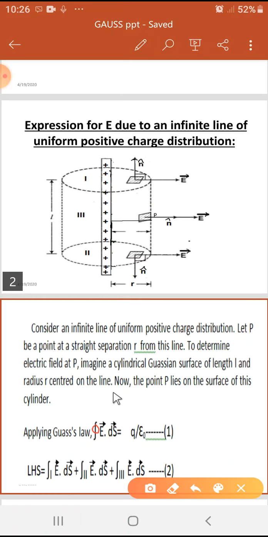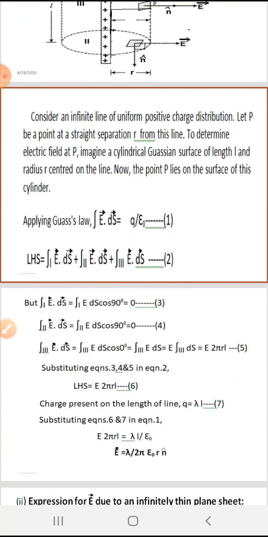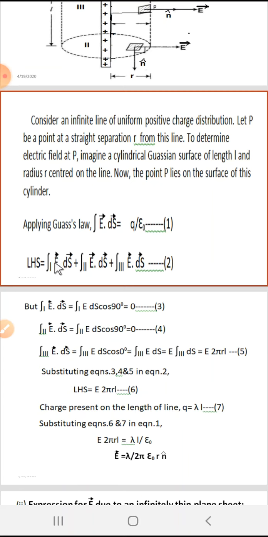When you apply the LHS over this imaginary cylinder, you can explain it as the sum of three surface integrals, not line integrals.